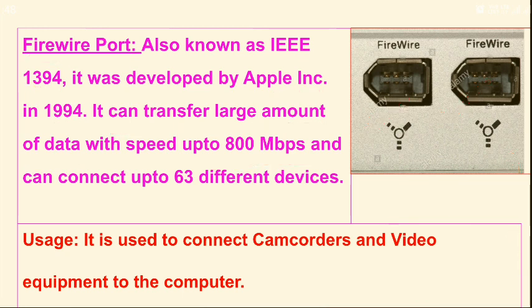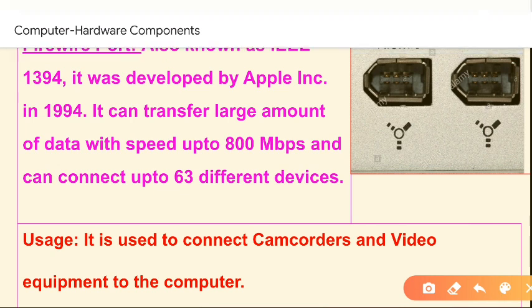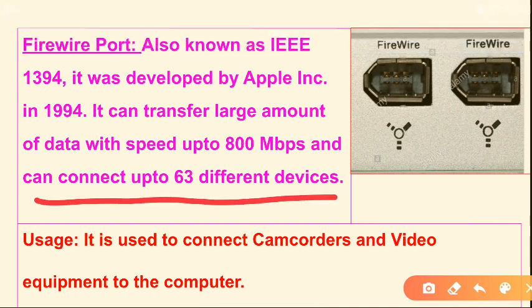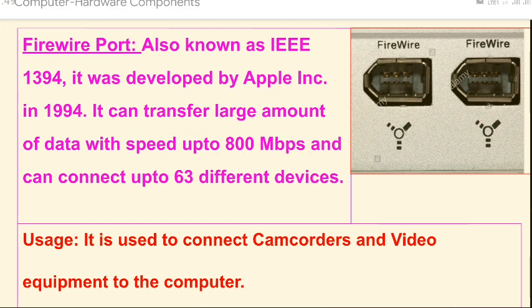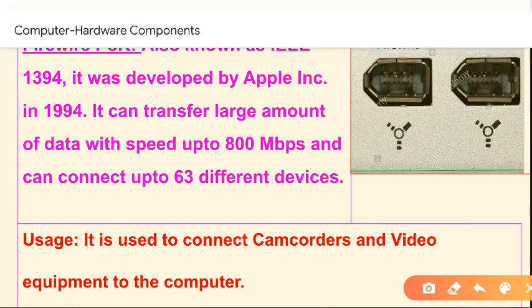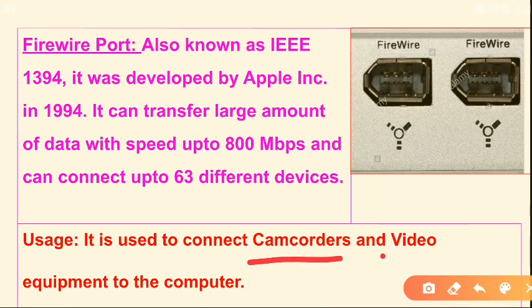And they were able to connect 63 different types of devices. So firewire ports were acting just like the USB port, but they were very fast and able to transfer a large amount of data with very high speed. What is the usage? The usage was to connect camcorders and video equipment to the computer.